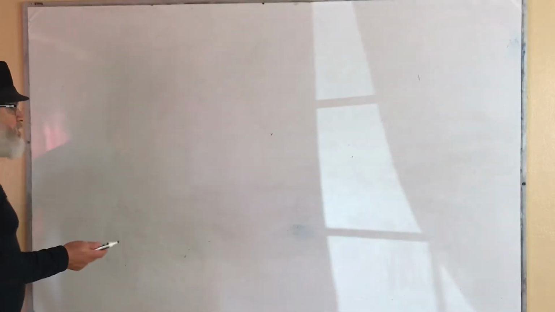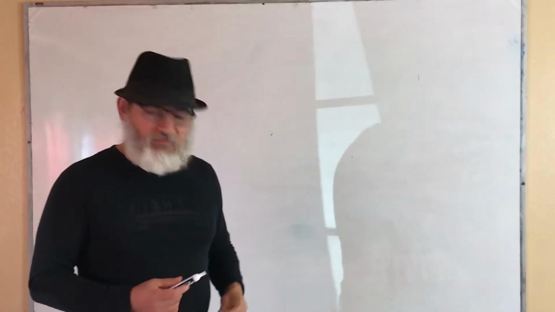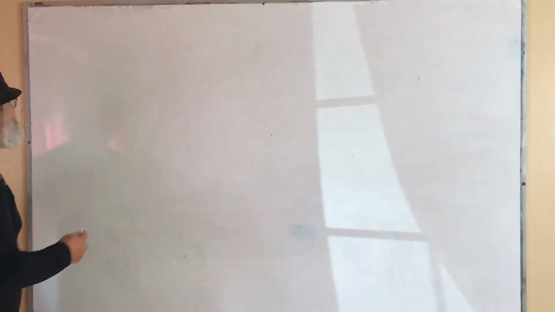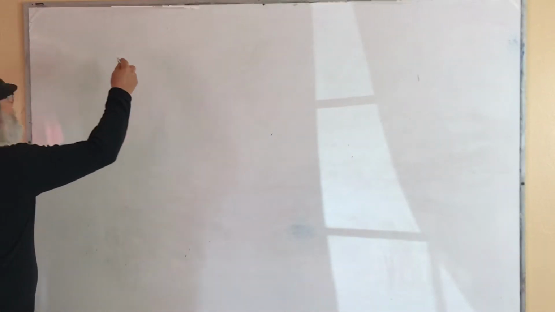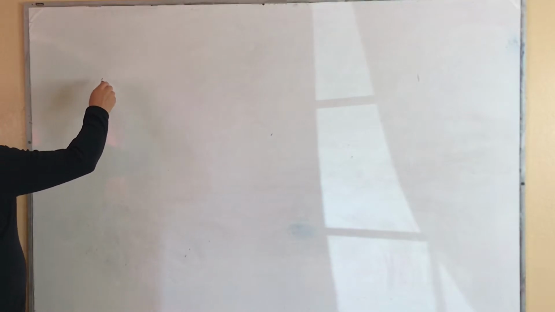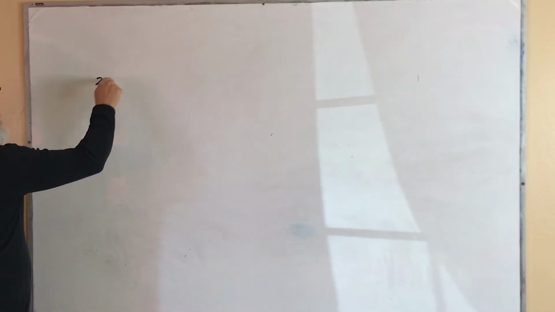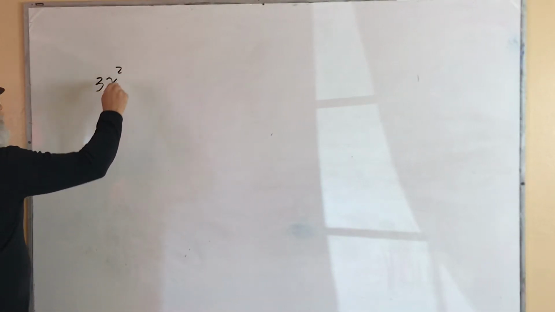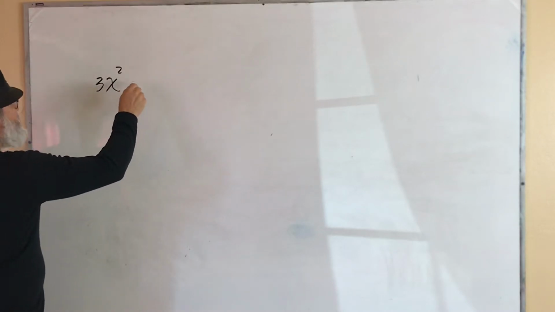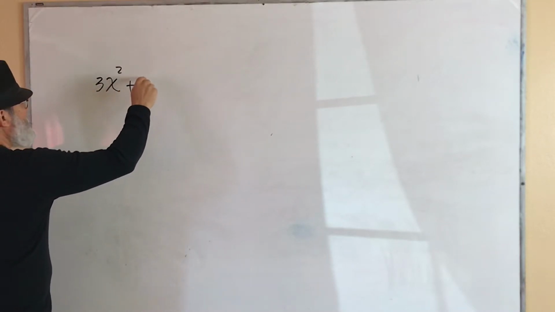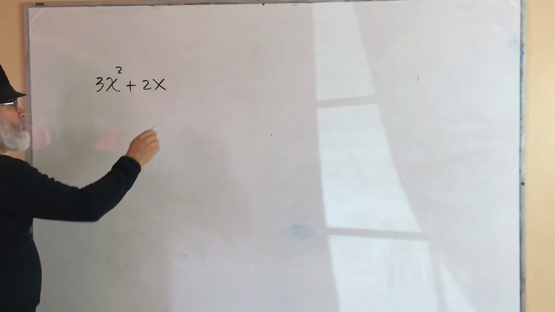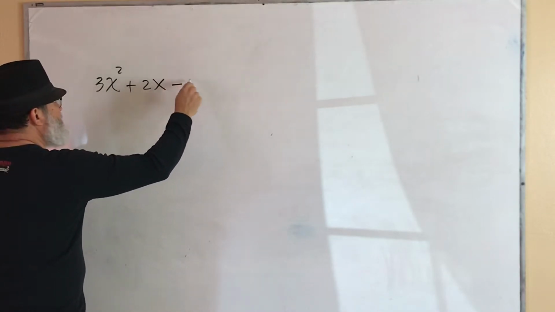Okay, so what is a polynomial? Let's just give some terms. For example, here we go. 3x squared plus 2x minus 5.